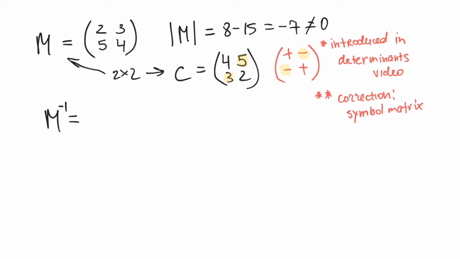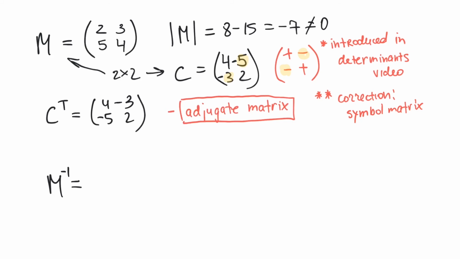So now what we get is 4, -5, -3, and 2. We can now find the transpose of this coefficient matrix C, and this is also something that's sometimes called an adjugate matrix. So we transpose it and we get 4, -3, -5, and 2.